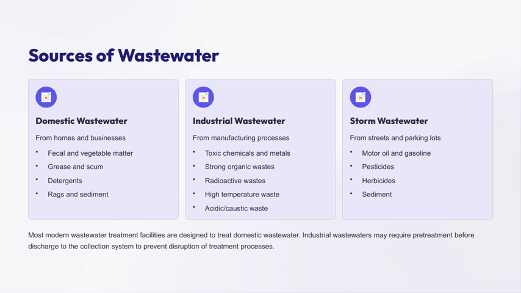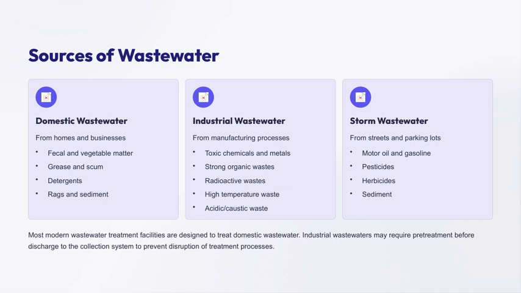Finally, we have storm wastewater, which is generated from streets and parking lots during rain events. This runoff often contains motor oil, gasoline, pesticides, herbicides, and sediment. It's important to remember that stormwater can carry pollutants directly into our water bodies if not properly managed.